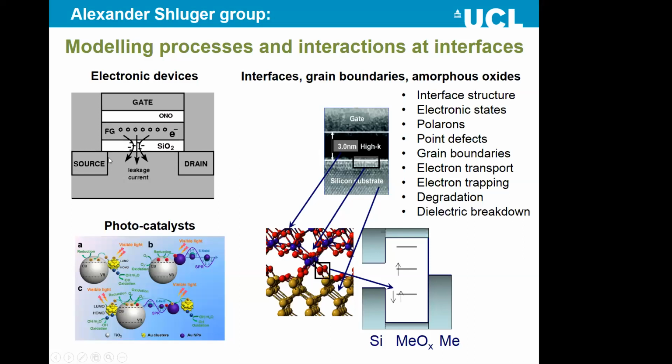In all cases, we deal with interfaces between different materials, which are usually semiconductors or metals and oxides, which form some interfaces and some layers. And we are always interested in defects in these systems, which either hamper the performance of these devices and make them unreliable, or improve the performance of systems like these photocatalytic systems.